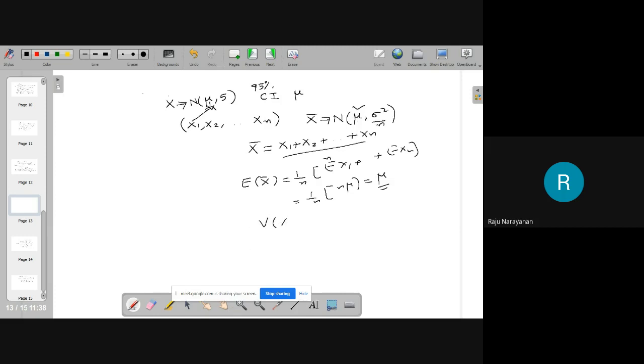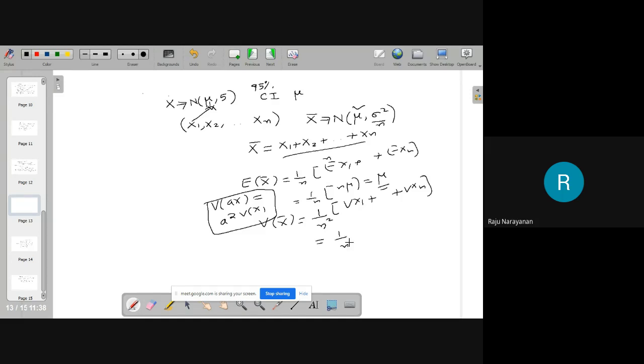What is variance of X bar? They are random observations, which means they are independent. Variance of aX is a square into variance of X. You prove this result. Therefore, variance of X bar is 1 by n square into variance of x1 plus variance of x2 plus etc. variance of xn.